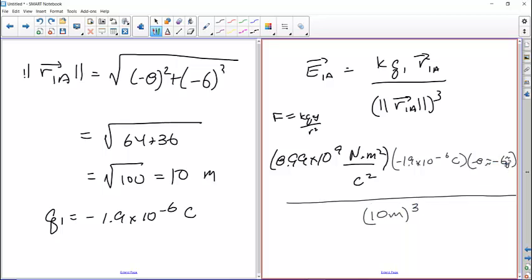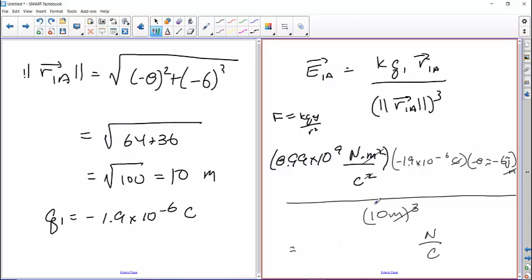And remember, this position vector has units of meters, so we have meters cubed. From a unit standpoint, one of these will cancel out with one of those, because you'll have meters cubed divided by meters cubed. So the units we're going to have is newtons per coulomb, which is what we expect.